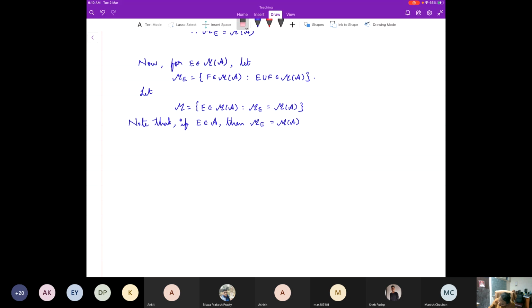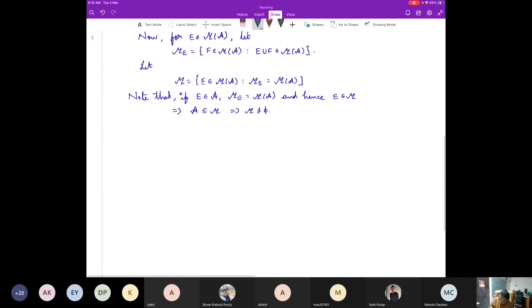So if E belongs to A, then ME equals M of A, and hence E belongs to script M. This implies A is contained in script M, which implies that script M is non-empty. So it's a non-empty collection. First thing.